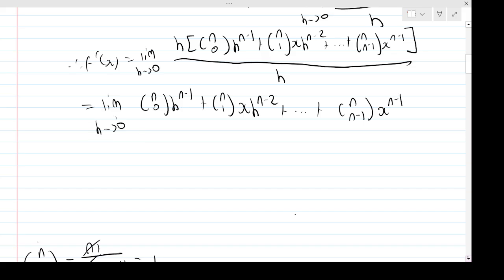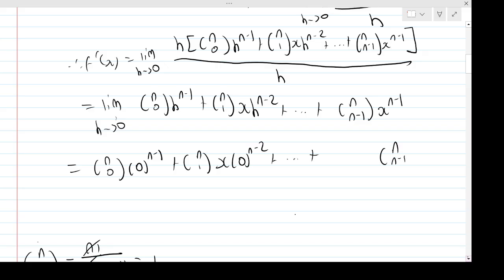So if I try what happens when h is 0, every term with h will go to 0. Look at this. This will be n choose 0 of 0 to the power of n minus 1, plus n choose 1 of x lots of 0 to the n minus 2, add dot dot dot, add n choose n minus 1, x to the n minus 1 as my final term.